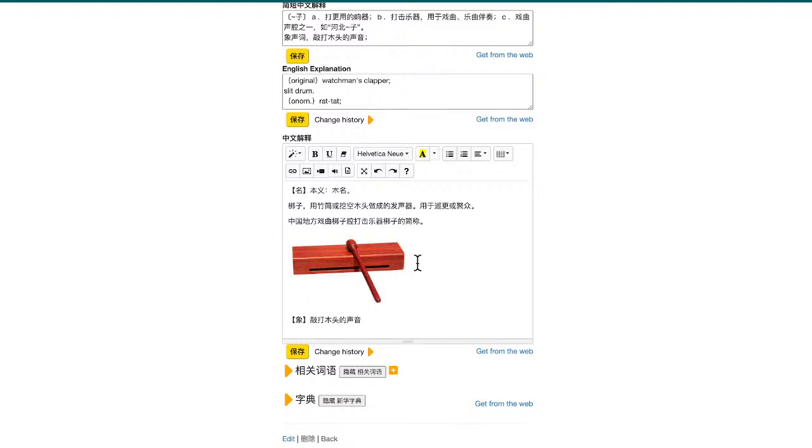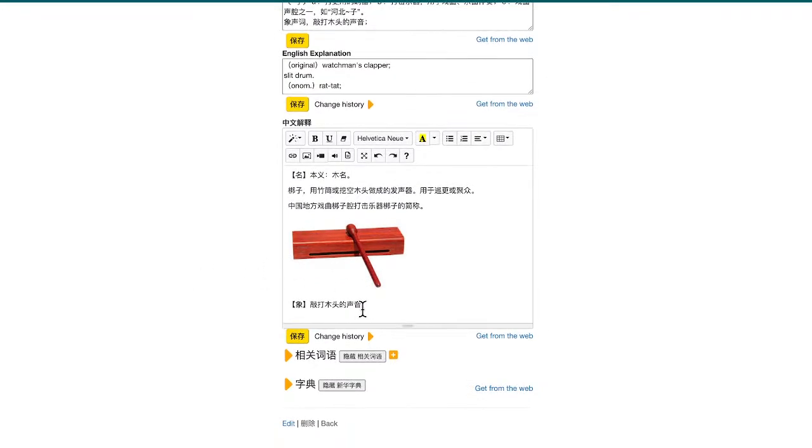At the moment of each division, the watchman, who is watching the time, will knock this, bang, bang, bang. The sound will travel pretty far, so everybody hears it and knows what time it is. That actually was a job back in the day in China.